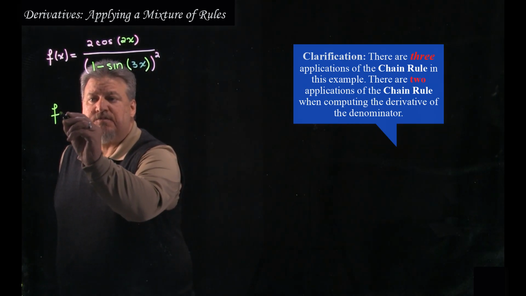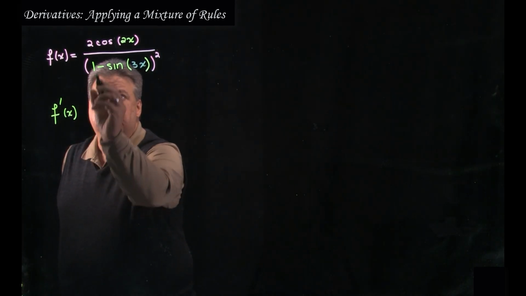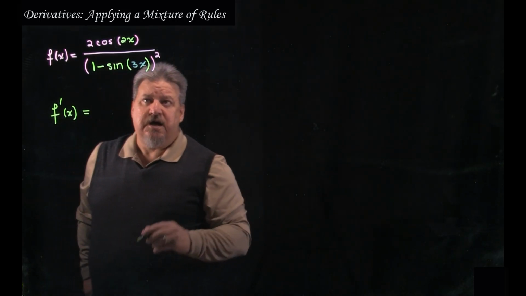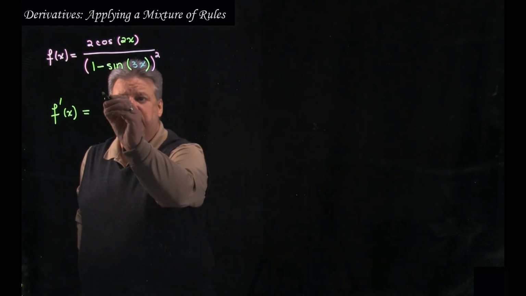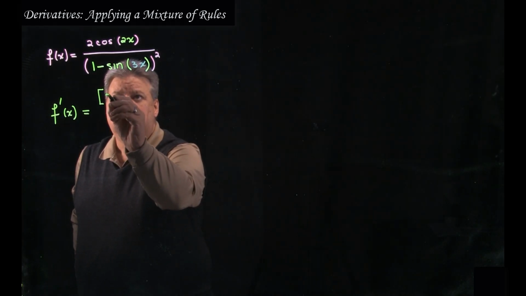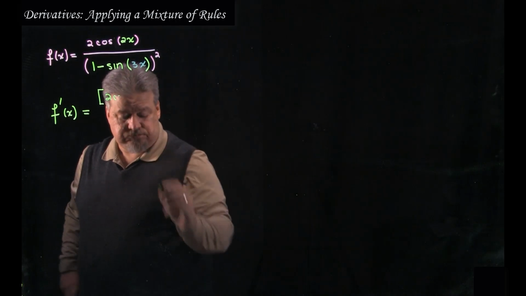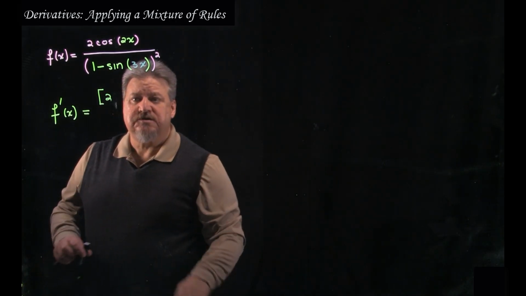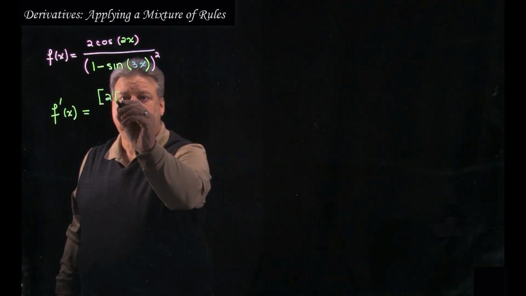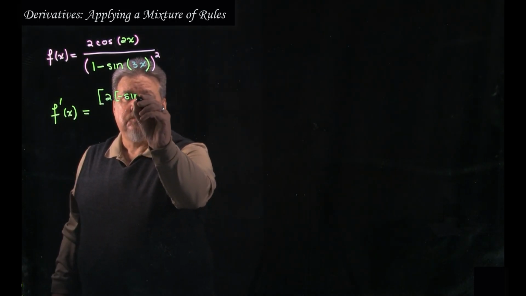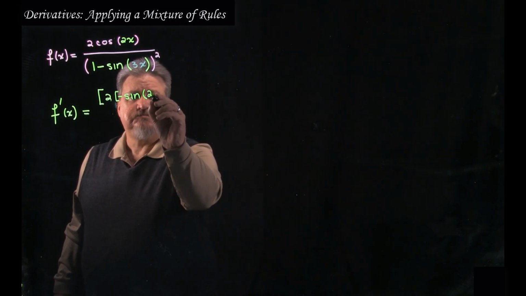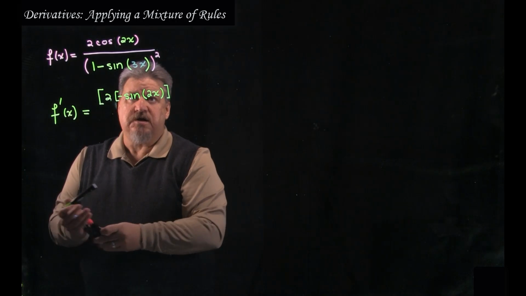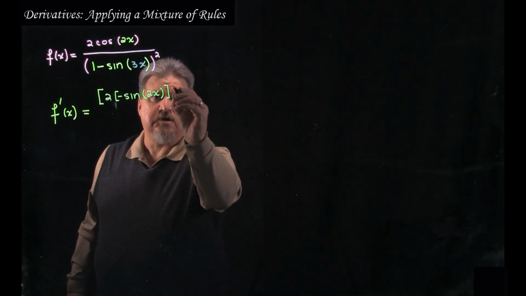So let's do this by the quotient rule first, because we're seeing the quotient as the outermost function. All right, how does the quotient rule work? It's the derivative of the numerator, derivative of the top. So now what's the derivative of cosine? Minus sine. Recopy the inside. Okay, now I need to engage the chain rule here.